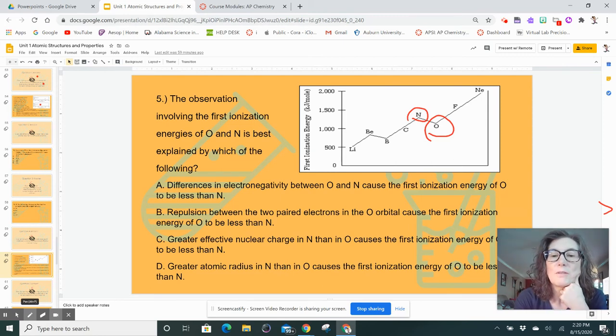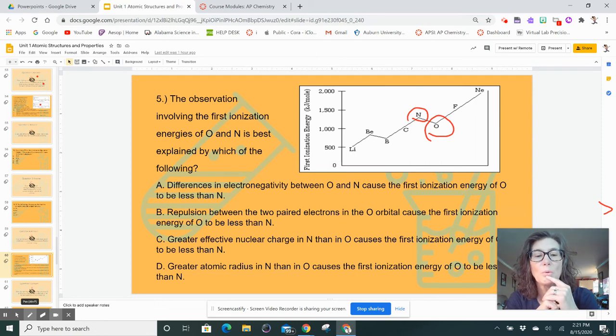Differences in electronegativity between oxygen and nitrogen; repulsion between 2 paired electrons in the oxygen orbital causes the first ionization energy to be less; greater Z effective nuclear charge in nitrogen than in oxygen causes the first ionization energy to be less than that of nitrogen; or a greater atomic radius in nitrogen than in oxygen causes the first ionization energy.